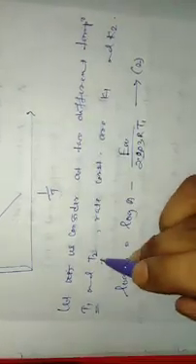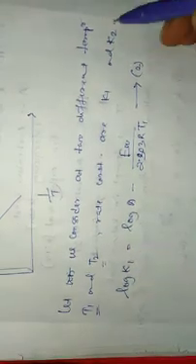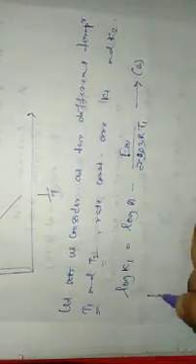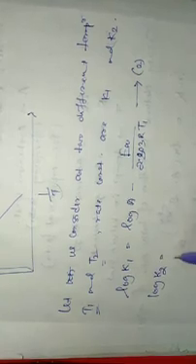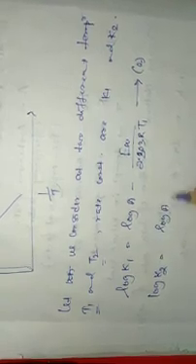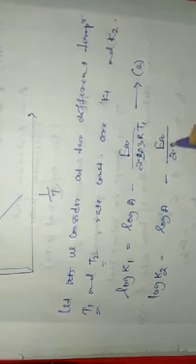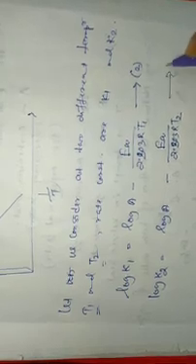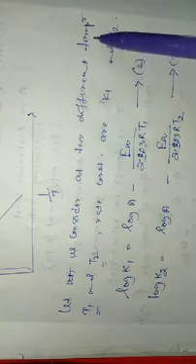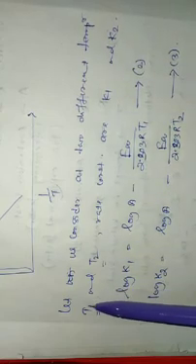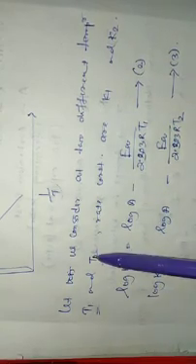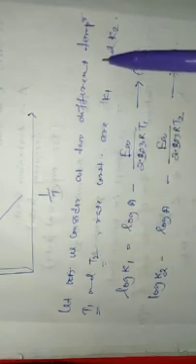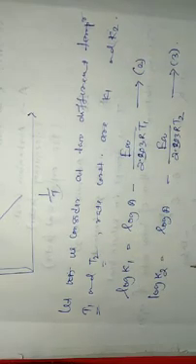Similarly, at the temperature T2, let us consider rate constant is K2. So log K2 equal to log A minus EA divided by 2.303 R into T2. Let us consider this is equation number 3. That means for a chemical reaction at the two different temperatures T1 and T2, हम लोग Arrhenius equation अप्लाई कर रहा है.